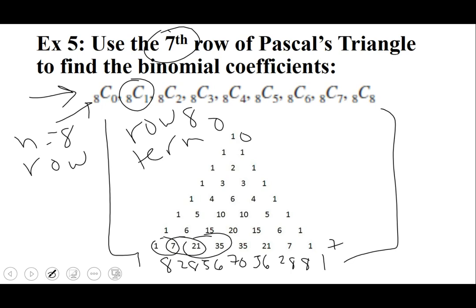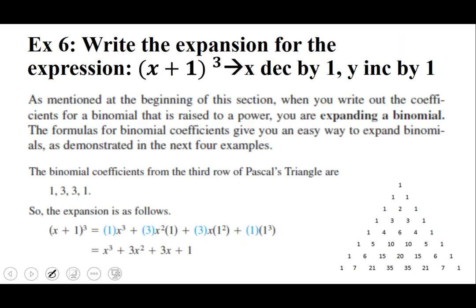So you want to make sure that you understand that there is a direct correlation between whatever the first number is, that's the row, and whatever the second number is, that is the term number. So this would be 1, this would be 8, this would be 28, and again, the pattern would continue all the way across.